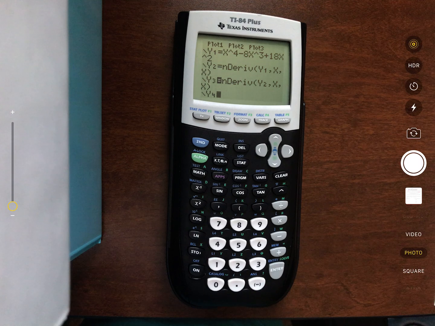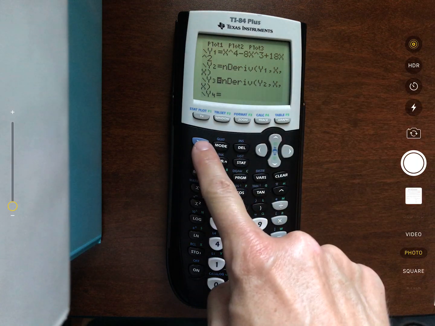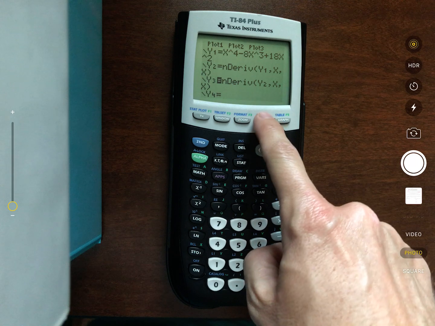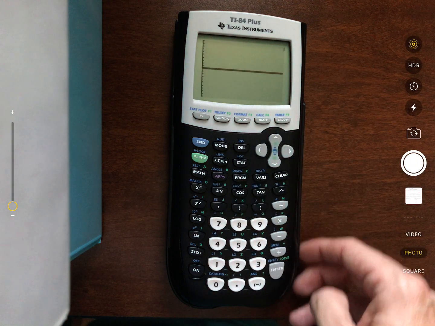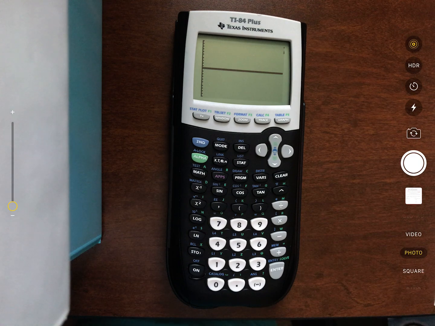I want to find the value of my second derivative when x is 0, when x is 2, when x is 4, without having to put in the equation. So I'm going to go to second, I'm going to go to trace, and I'm going to go to value, that's number 1. And I'm finding the value now of my second derivative. Give it a second.